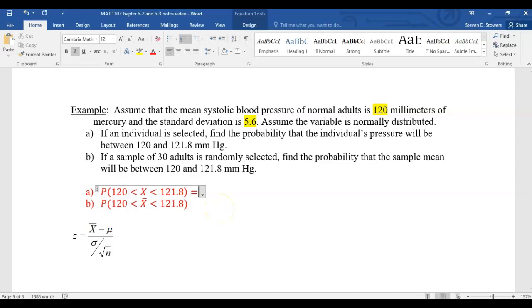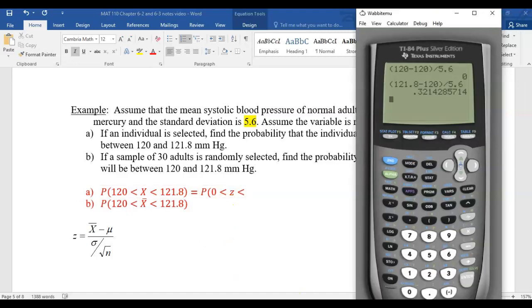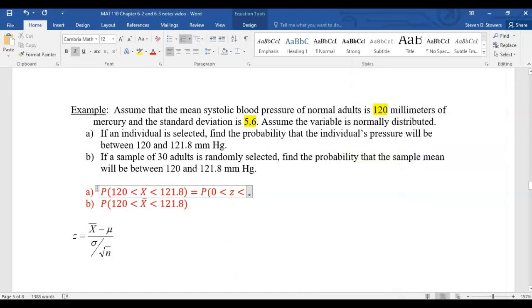So the probability that x is between 120 and 121.8 translates into the probability that z is between 0 and 0.32. Remember what happens next? We look these z-scores up on table E.